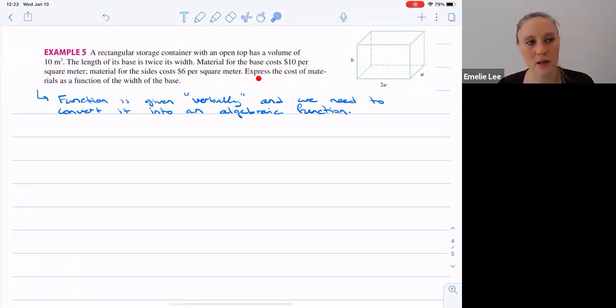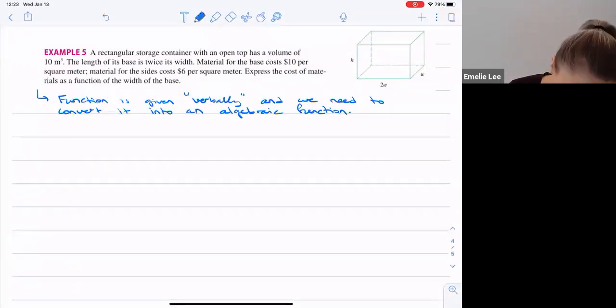And we're going to express the cost of materials as a function of the width of the base, so as a function of W. Okay.